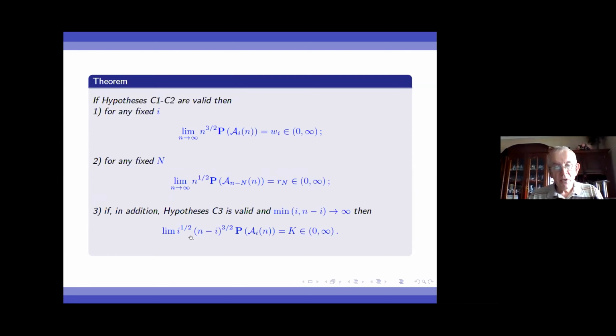But this smooth transition is rather strange, because it happens that if immigrants come in the middle, they should survive with much smaller probability than these two. This is strange. For instance, if i is equal to n over 2, half of n, then this will be just n to the power 2.